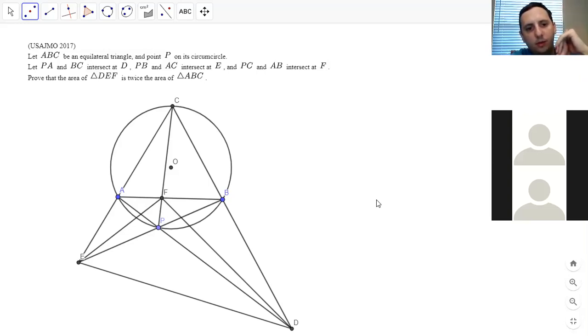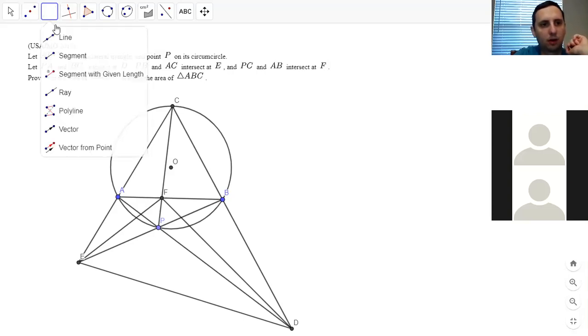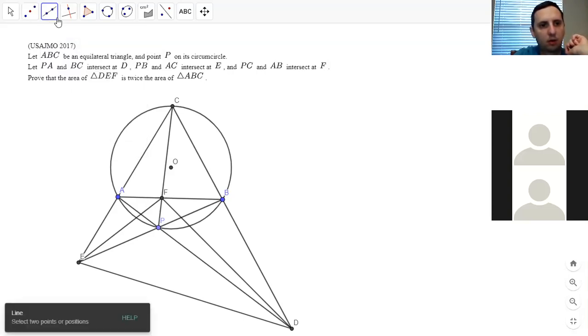And then we can draw the intersection point of OF with ED. Of course, that would be the altitude of DEF.